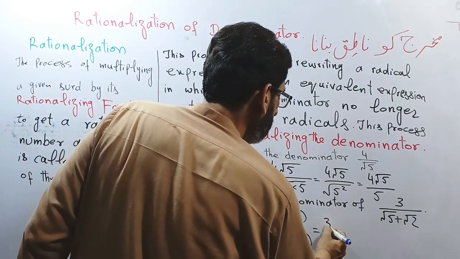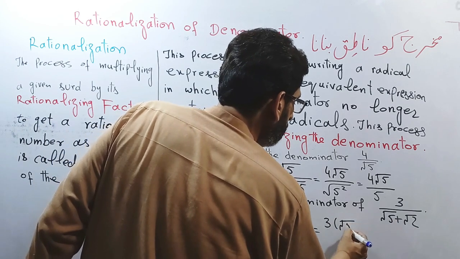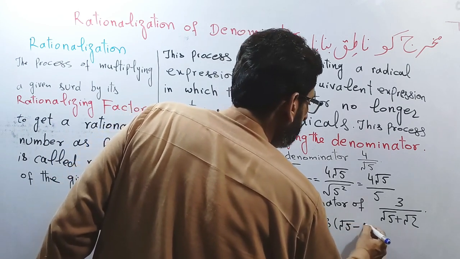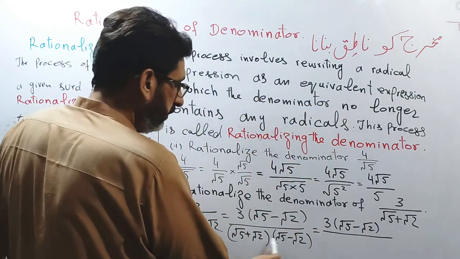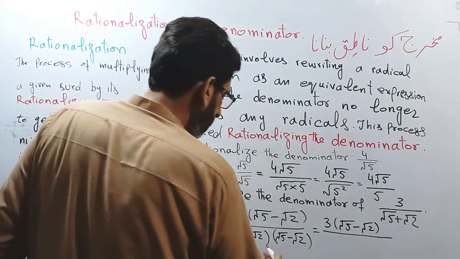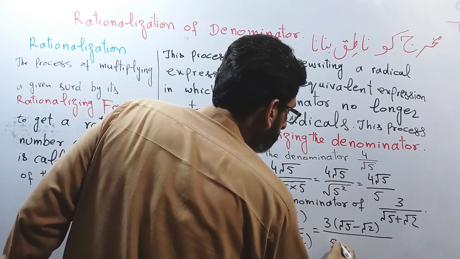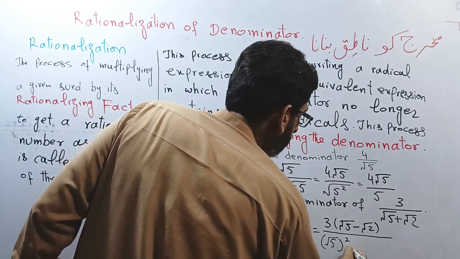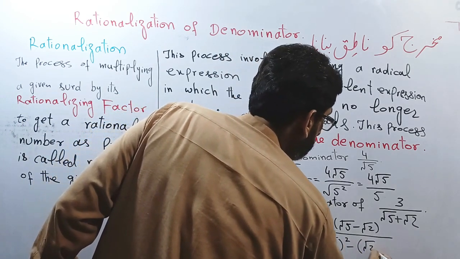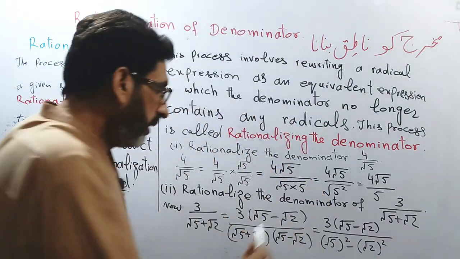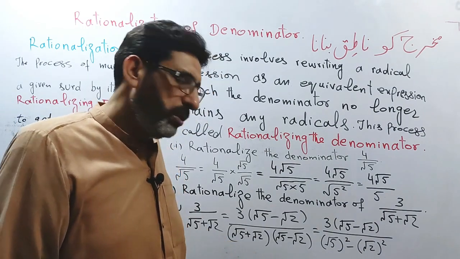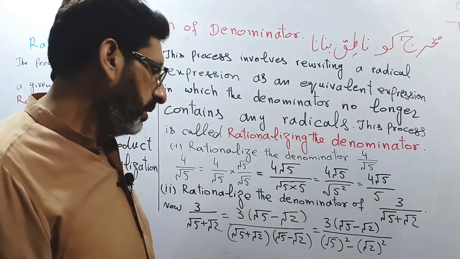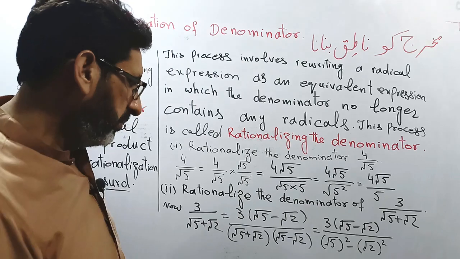Now we have 3 into square root of 5 minus square root of 2 over. Here the product of these two conjugate factors will be square root of 5 square minus square root of 2 square. We have applied the formula a plus b into a minus b is equal to a square minus b square, the difference of squares formula.